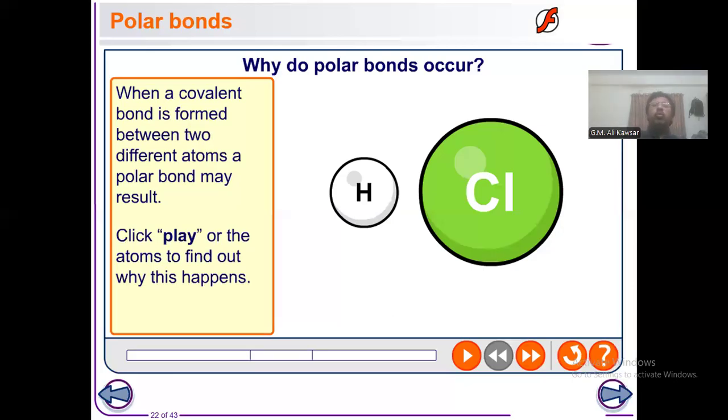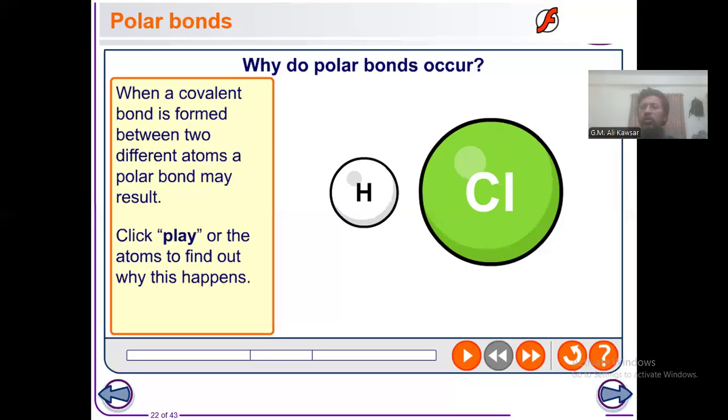Now, polar bonds form whenever the electronegativity difference between two different atoms is 0.5 or more. In that case, it is significant enough, and the less electronegative element will have a partial positive charge, and the more electronegative element will have a partial negative charge. So although it is covalent bonding, it is a polar bond.